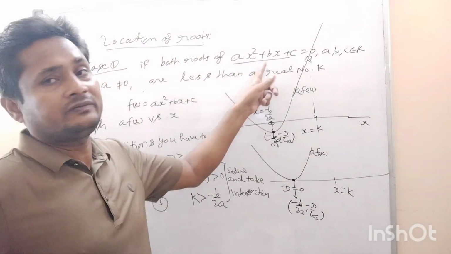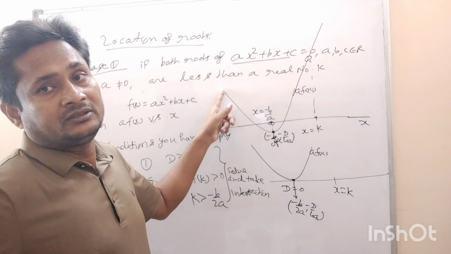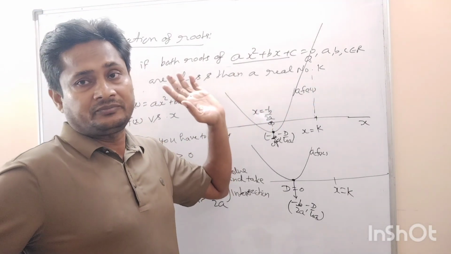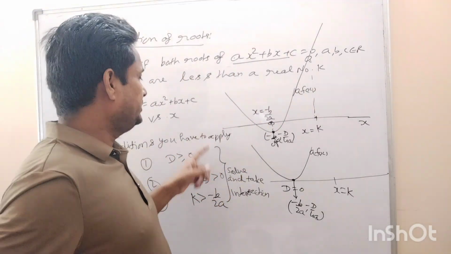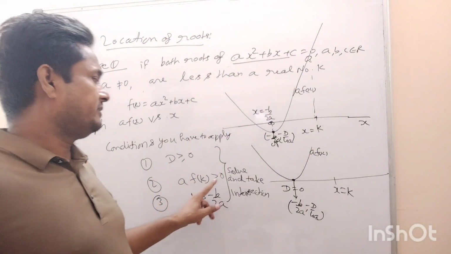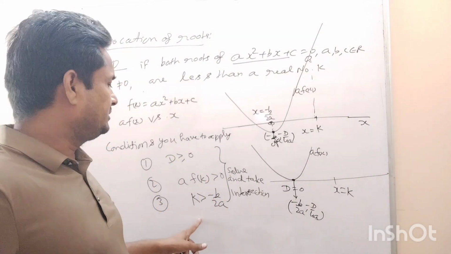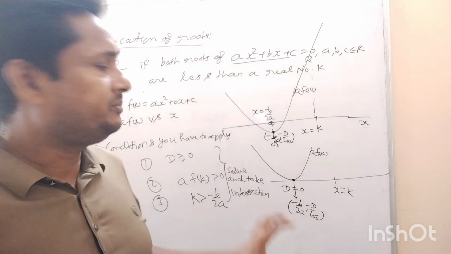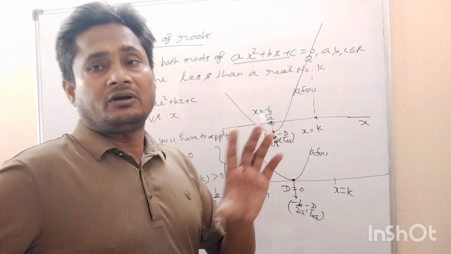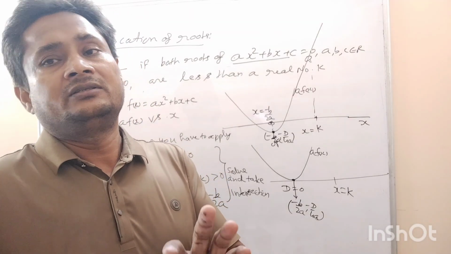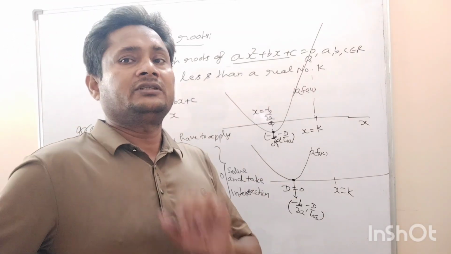If both roots of any quadratic equation are less than a real number k, then we have to apply these three conditions: D greater than or equal to 0, second, a f(k) must be positive, and third, k will be greater than minus b by twice a. After applying these three conditions, solve these three inequalities. After that, take the intersection. That will be your answer from there.